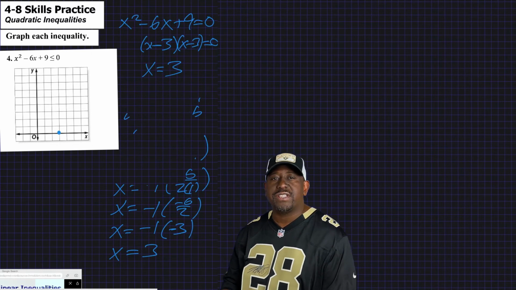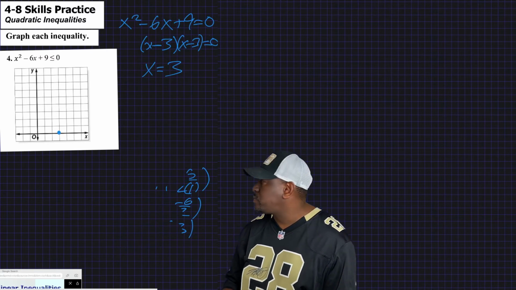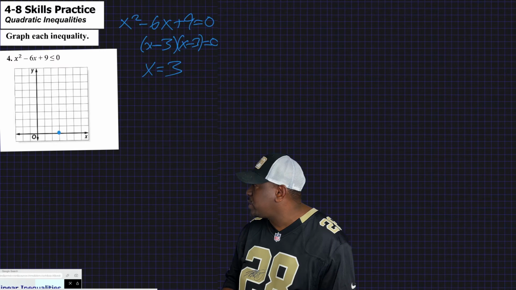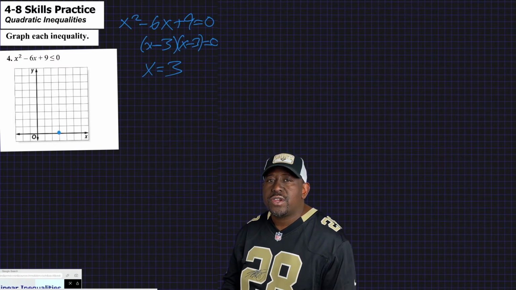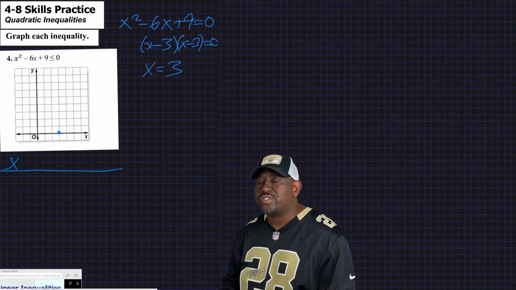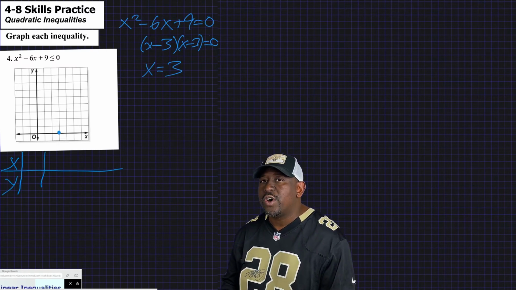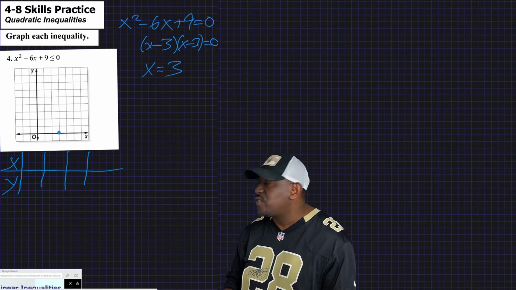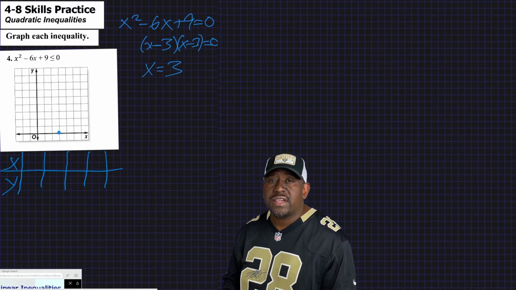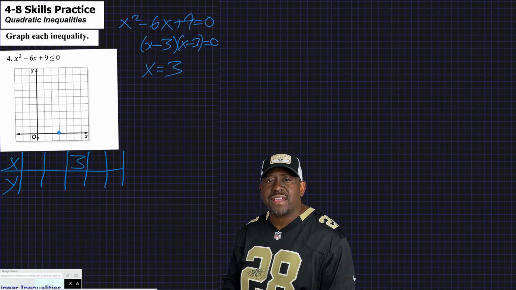So now, like we did in the last problem, we're probably going to set up a table to get our other values. We need our axis of symmetry, and since our x value of the vertex is 3, we know the axis of symmetry is a vertical line at x equals 3. NOLA Math man hasn't gotten to that yet.